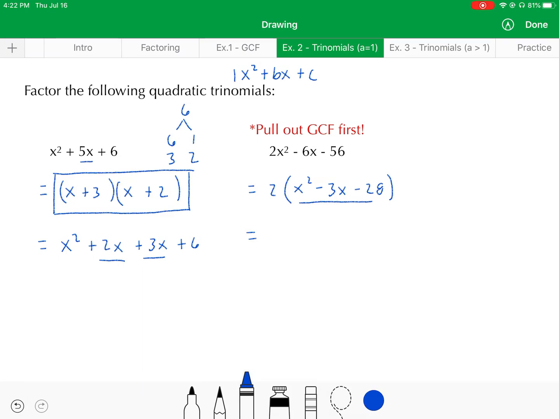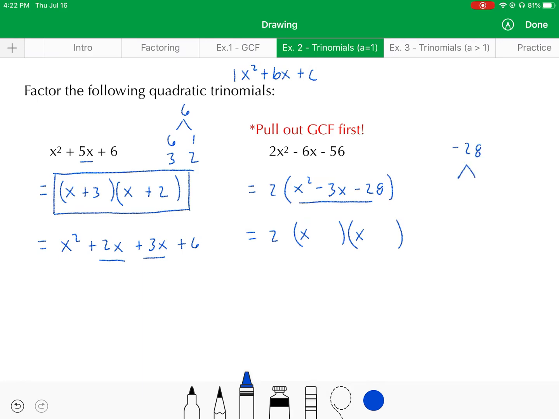If it does, I'll need to carry the 2 down, and then my factors, again, would be binomials that would both have to begin with x, okay? The numbers that I place after x, I know that they have to multiply to the constant of negative 28. Now, there's a lot of different options for that.